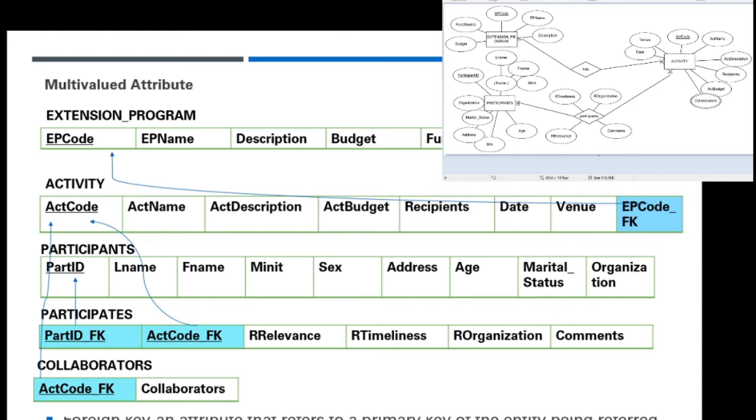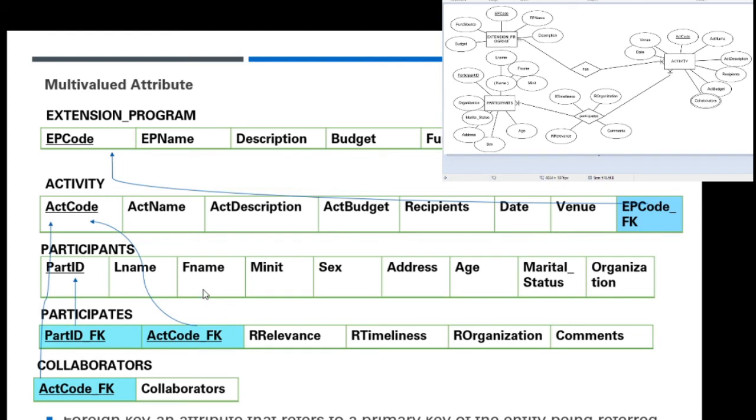We looked for binary one-to-one relationship type, which is also not present. And we have the binary one-to-many relationship type by creating the foreign key on the many side and referring it to the one side. And then we have the binary many-to-many relationship type by creating a new relation.